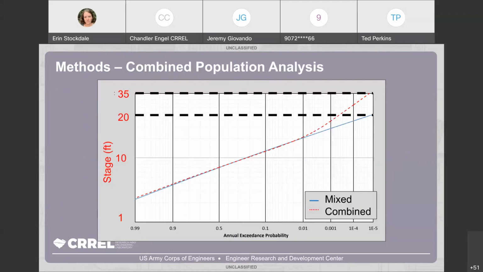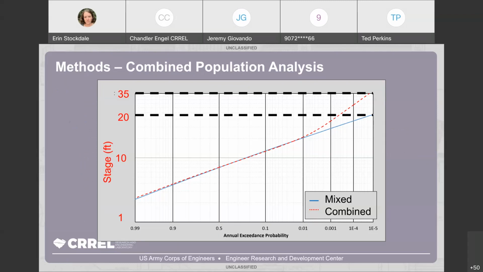So just to illustrate this a little bit further, if you have your combined and mixed curves, oftentimes what will happen is the combined curve will diverge at the tails of your distribution, and those can certainly be ice jams or other events where the peak stage is extremely high.